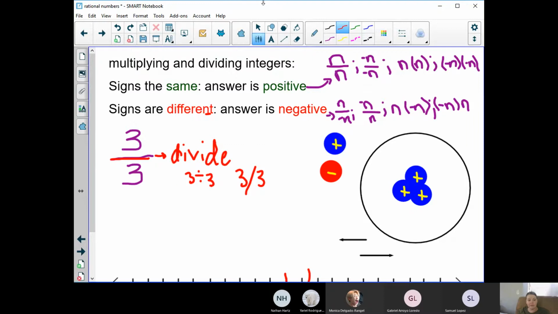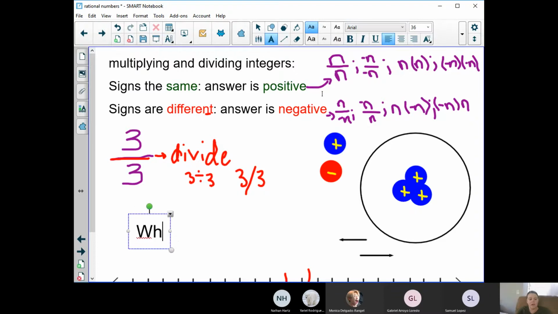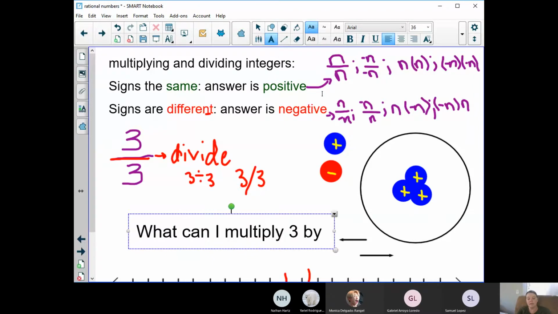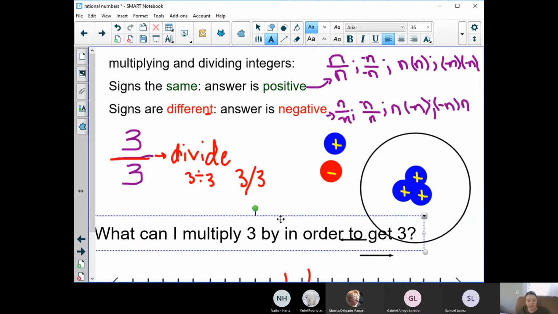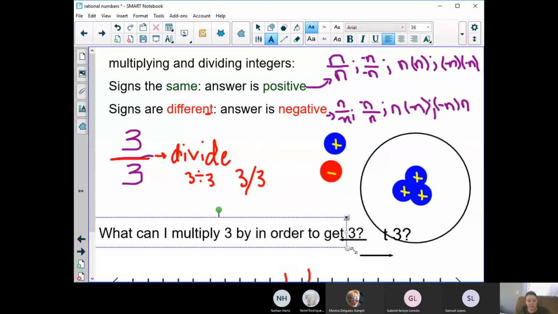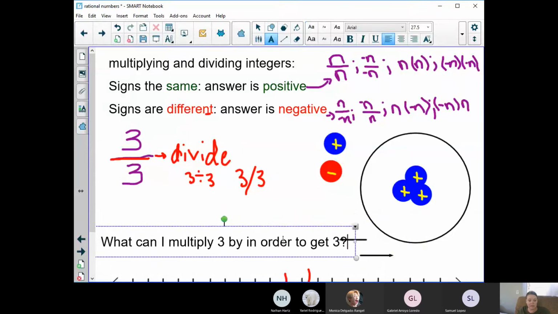So 3 divided by 3, what I want to know is, when I look at a division problem, what can I multiply 3 by in order to get 3? So I can rewrite it as a multiplication problem and try to solve for this missing number.